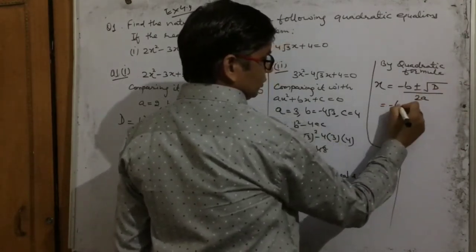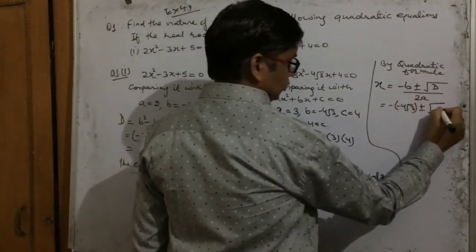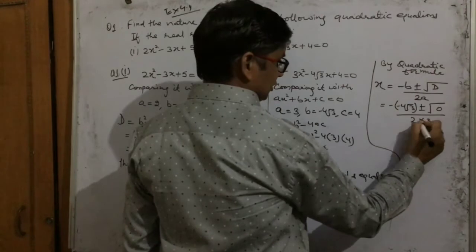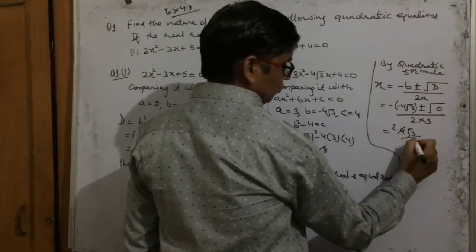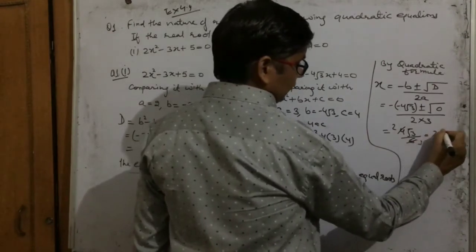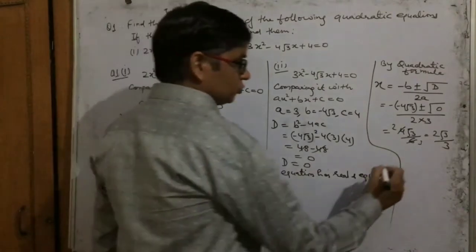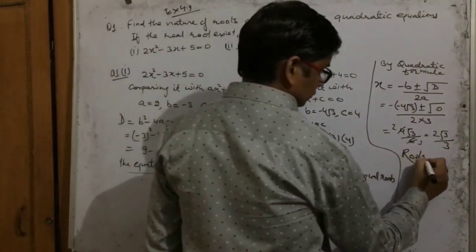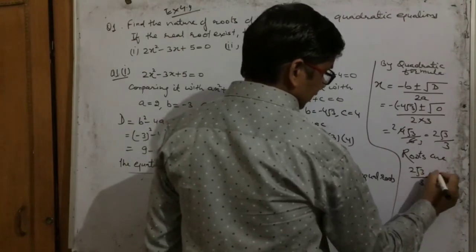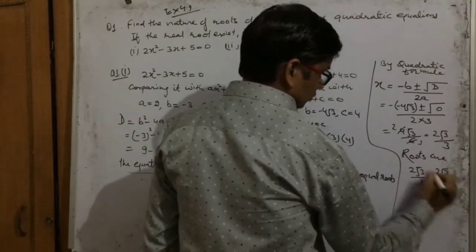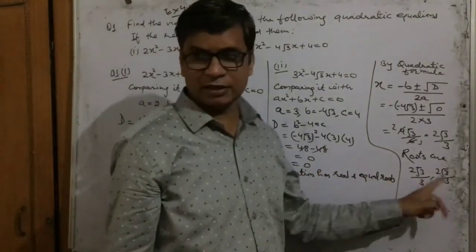So minus of minus 4 root 3 plus minus root D, which is 0, upon 2 times a, which is 3, gives 4 root 3 upon 6. 2 twos are 4, 2 threes are 6. So the value of x is 2 root 3 upon 3. The roots are 2 root 3 upon 3 and the second root is 2 root 3 upon 3. Since D equals 0, the roots are real and equal.